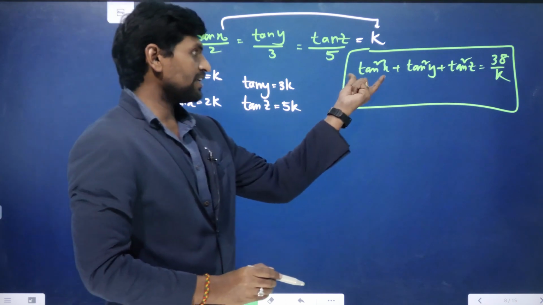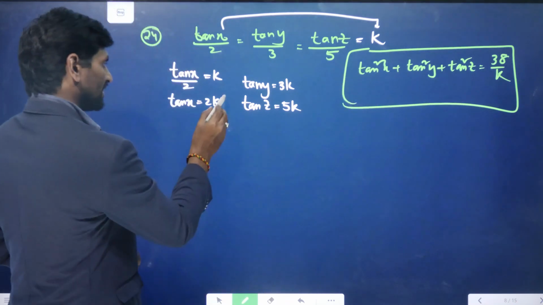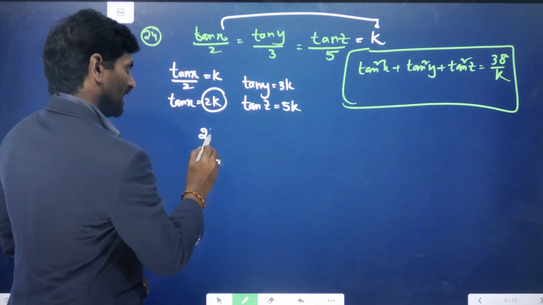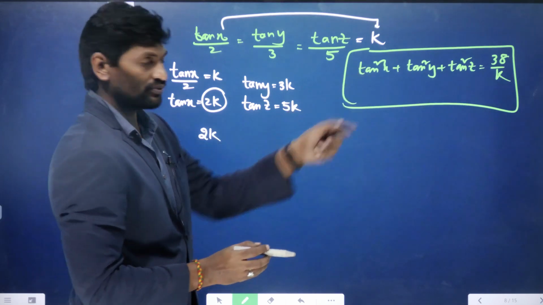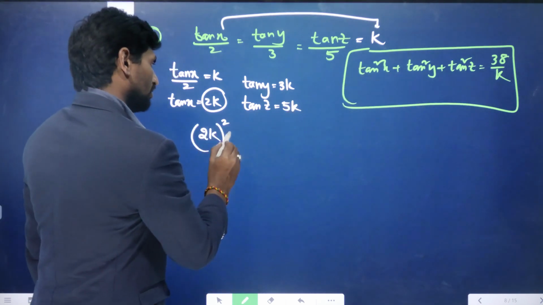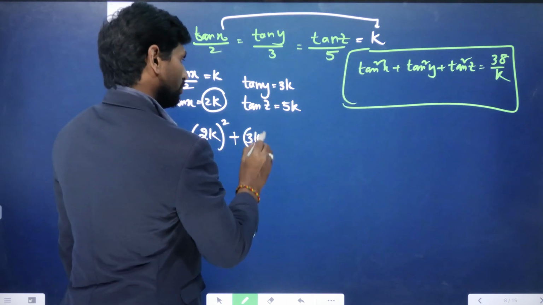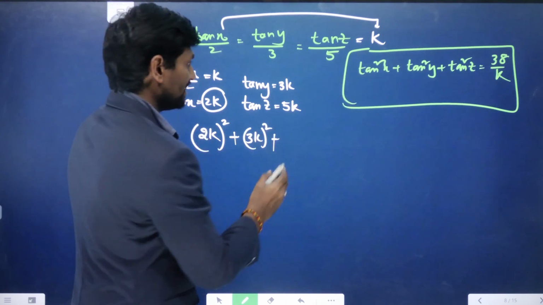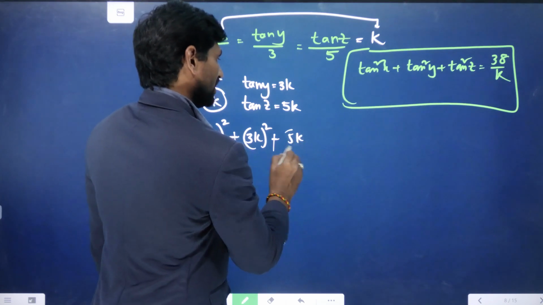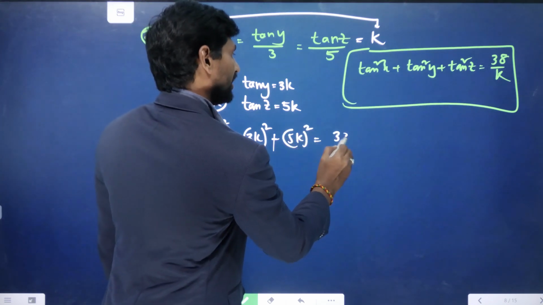Now substitute in the place of tan x. In the place of tan x I can write 2k. So tan square x is nothing but 2k whole square plus tan y 3k whole square plus tan z 5k whole square, that equals 38 by k.